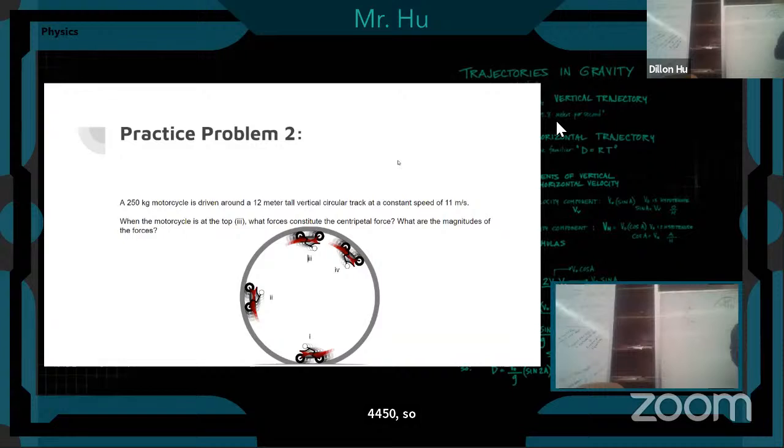So what I get is that 2450 plus normal force is going to equal 5,041, which means my normal force should equal 2591. And 2450 is my gravitational force.